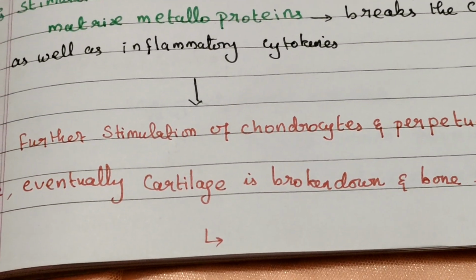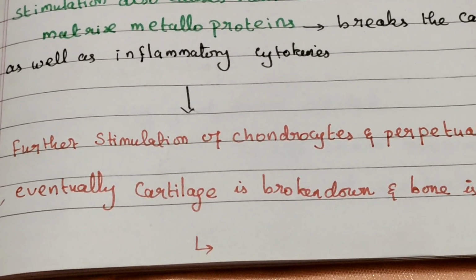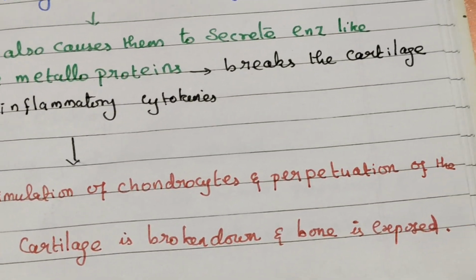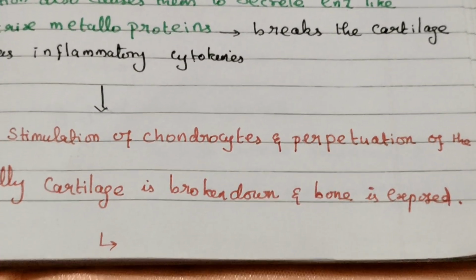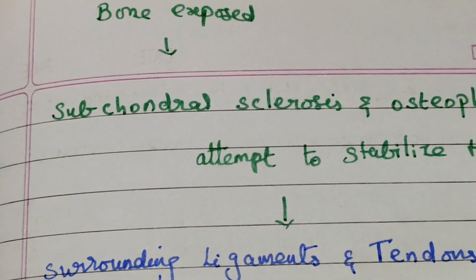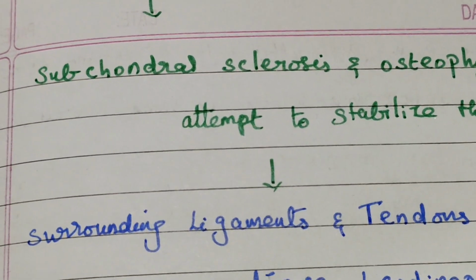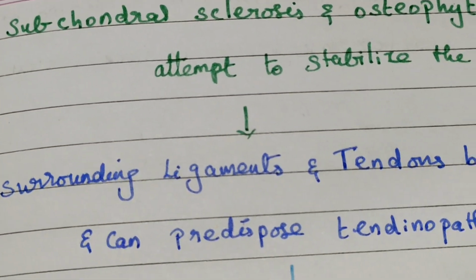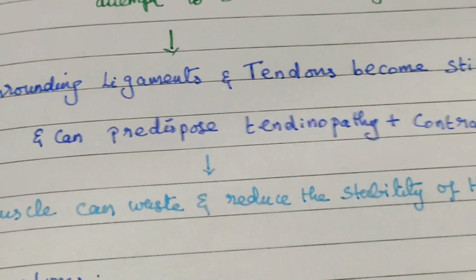Eventually the cartilage is broken down and the bone is exposed. The exposed bone becomes sclerotic, and osteophyte formation occurs in an attempt to stabilize the joint.